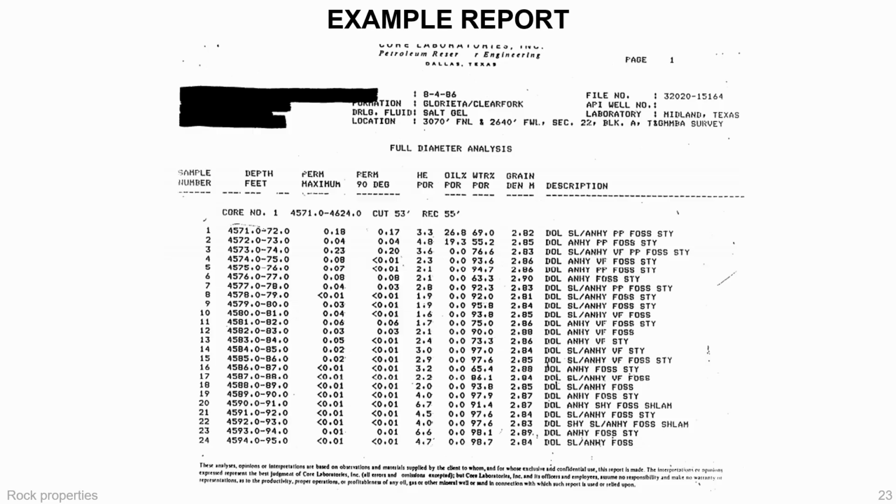This core report shows us that reservoir quality is not determined by one number alone. We must read porosity, permeability, anisotropy, and lithology together. In this interval, the rock has low porosity and extremely low permeability, which tells us it is a tight carbonate anhydrite system.